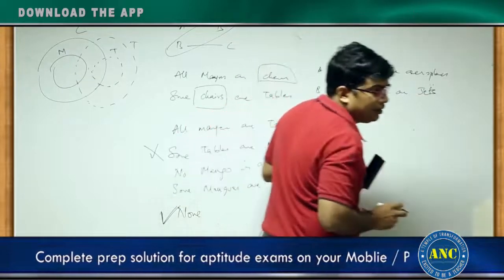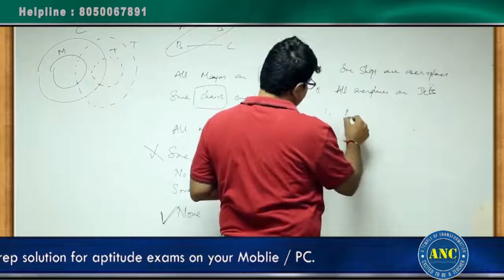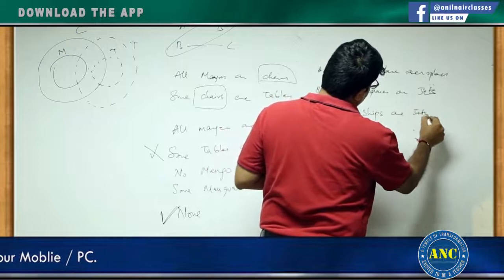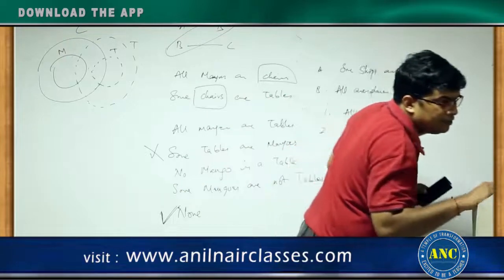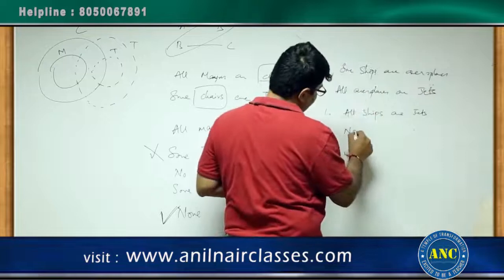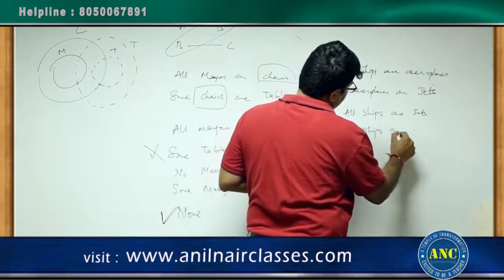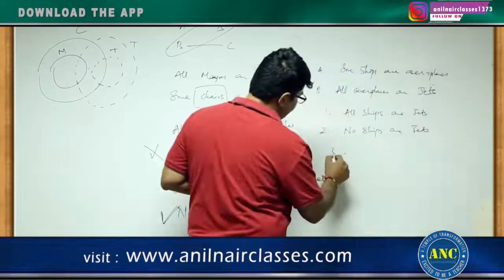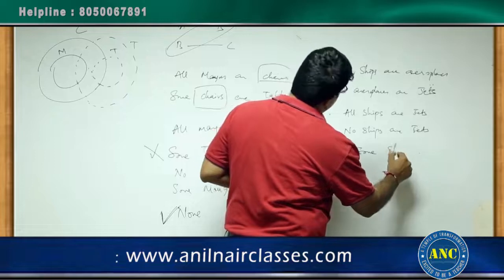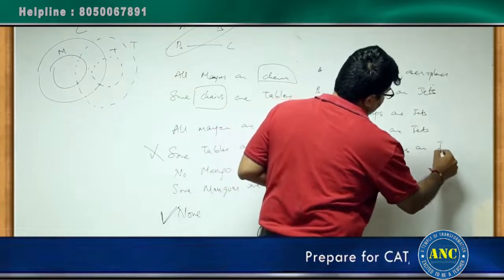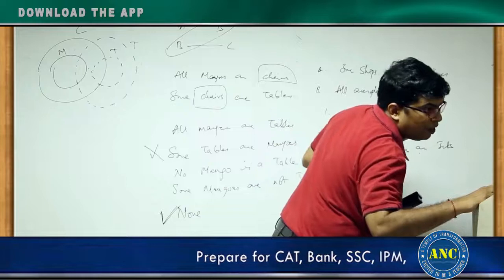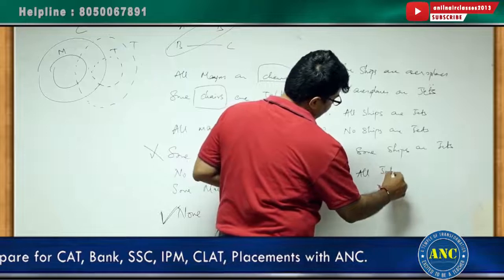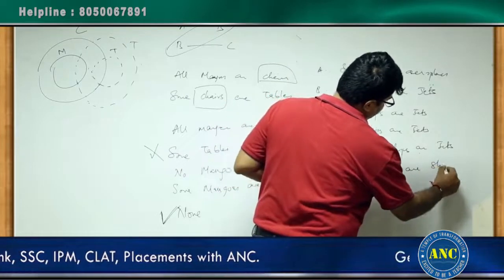Option 1: All ships are jets. No ships are jets. Some ships are jets. All jets are ships. Some ships are jets.